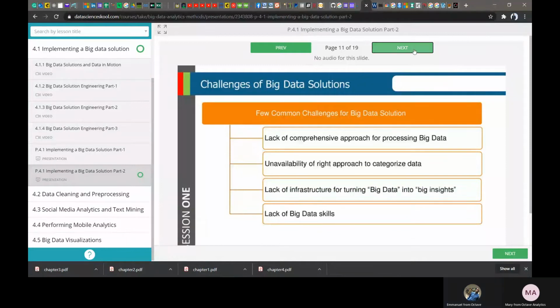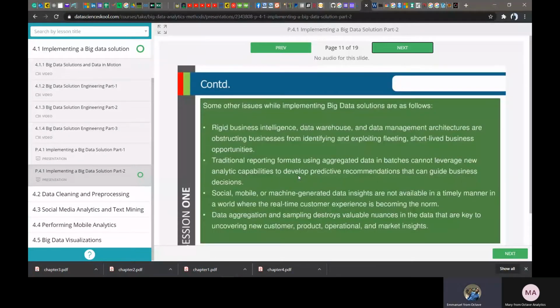Also, some other issues while implementing digital solutions are as follows: rigid business intelligence, data warehouse, and data management applications, obstructing businesses from identifying and exploiting short-lived business opportunities.